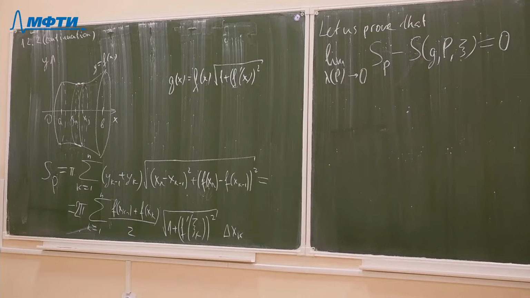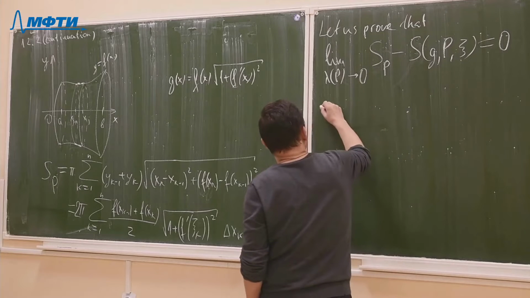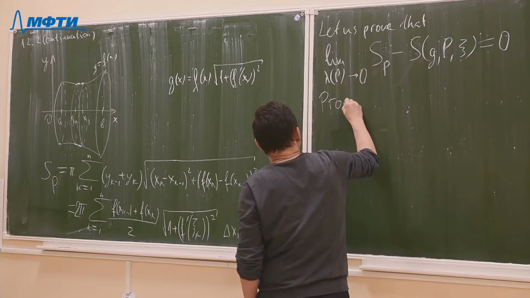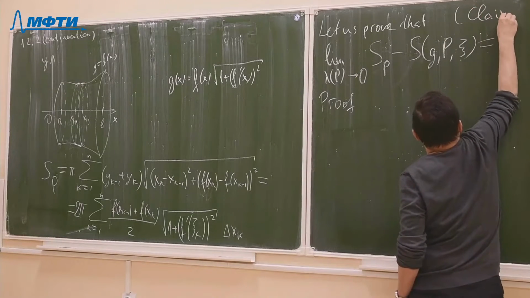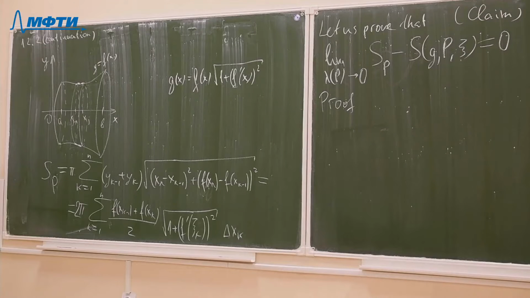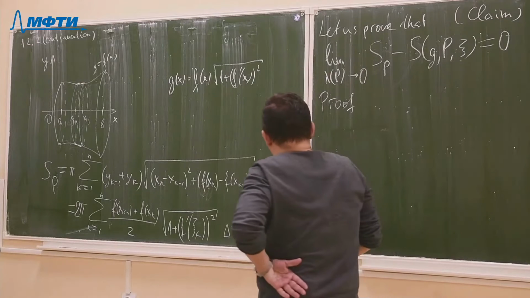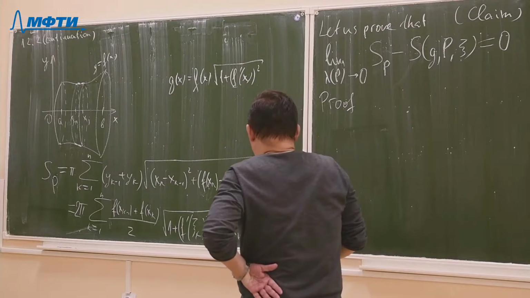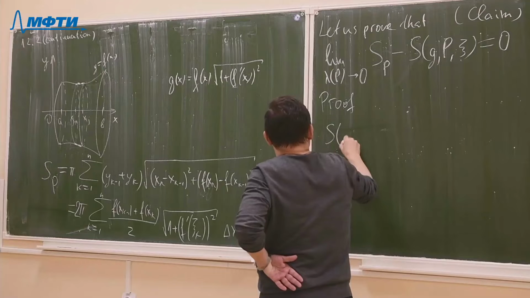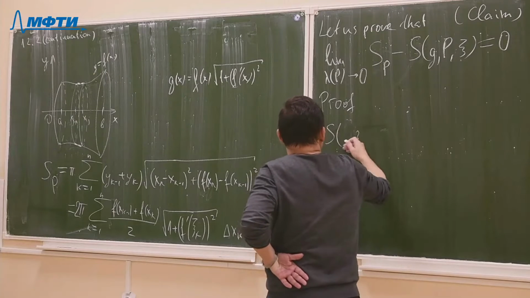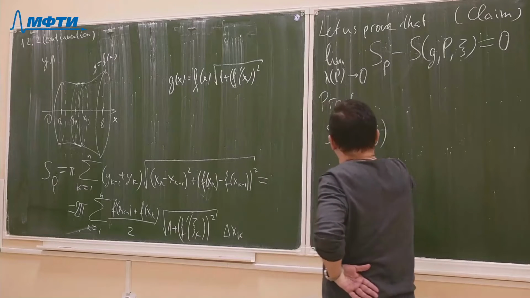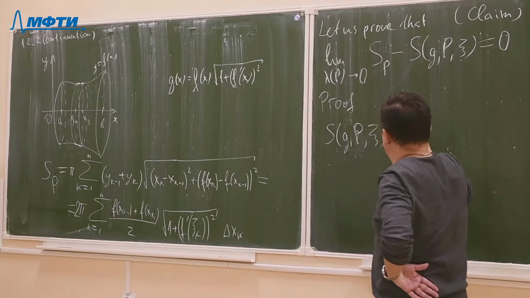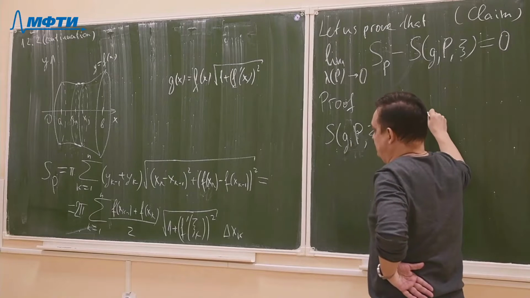So, proof. So this is the claim, right? That is the claim. Proof for that claim. We write down the integral sum for the function g, and that will be 2 pi sum.